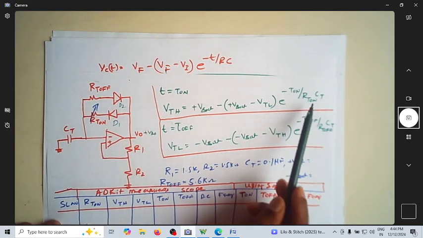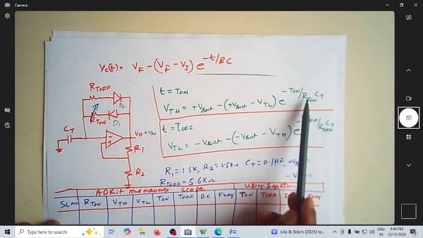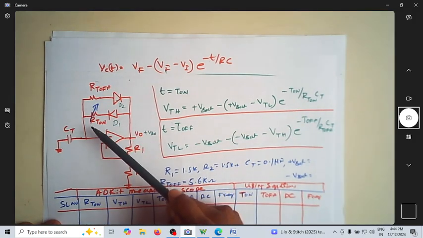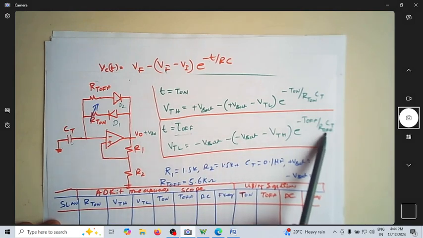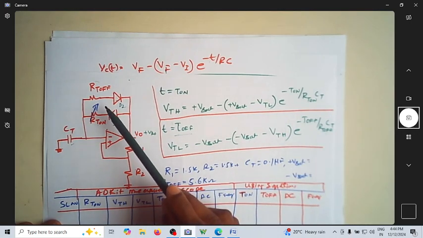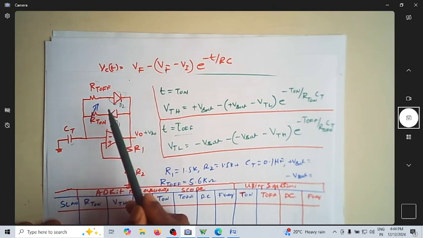So in this expression, whenever I am finding T on, I need to consider the resistor which is responsible for charging the capacitor, which is RT on. While finding off time, I have to consider the resistor which is responsible during the discharge time. We are assuming that the resistance of the diode when it is on is negligible.